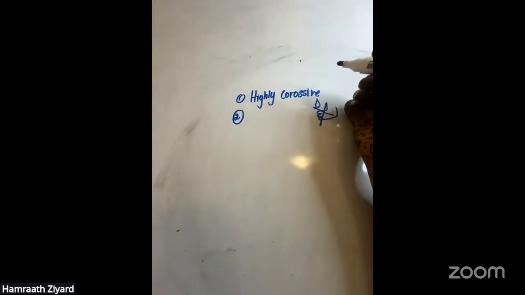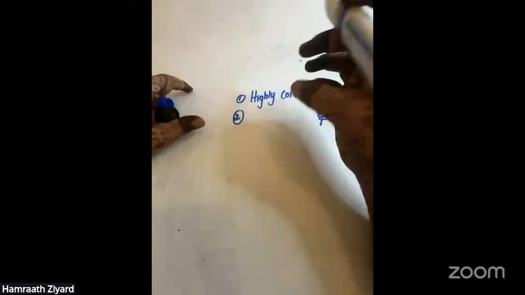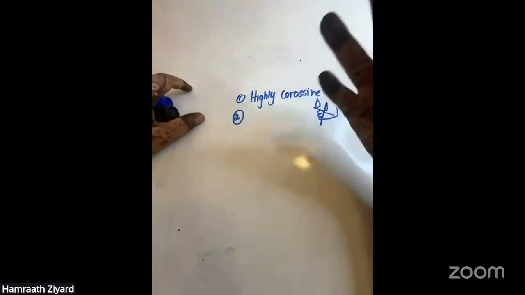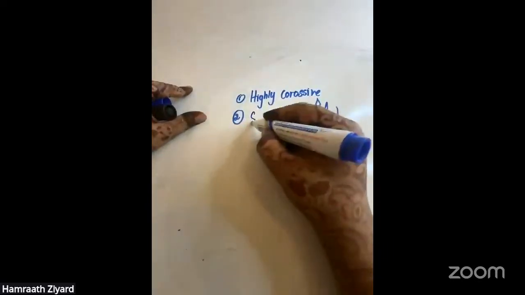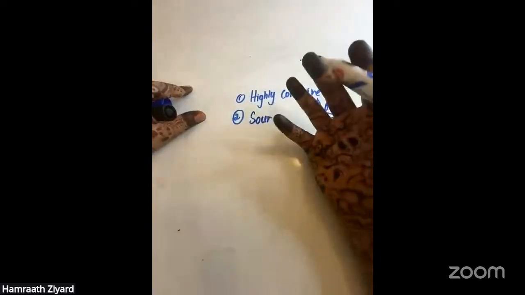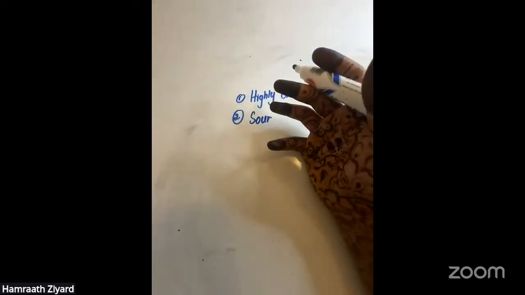It's the sour taste. So the property of acid is sour. But just because of that, can you drink hydrochloric acid? No, it's not good. It's dangerous. So we can say the special property of acids is that they are sour in taste.